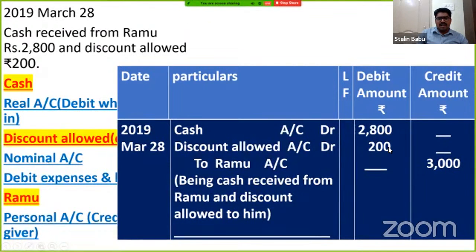We allowed a discount of 200. That means we received cash 2,800. So the narration is: being cash received from Ramu and discount allowed him. Cash received 2,800, discount allowed 200, total 3,000 in the credit amount column, and make a line in the particulars column.